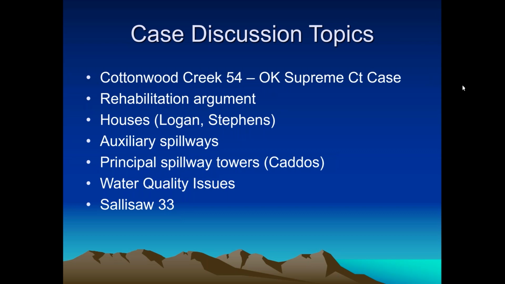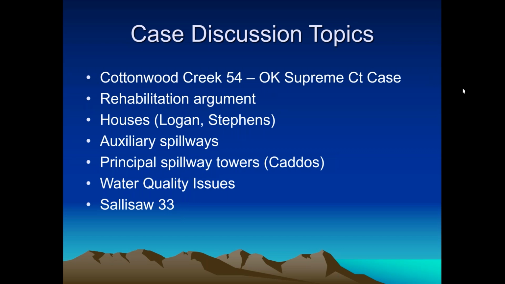If things are running off the land into the flood control structure causing water quality issues, there's no way that the project sponsor can cure that problem, short of suing the landowner and trying to get them to clean up. Maybe they've over fertilized or whatever the issue is. So Oklahoma has clarified that issue.